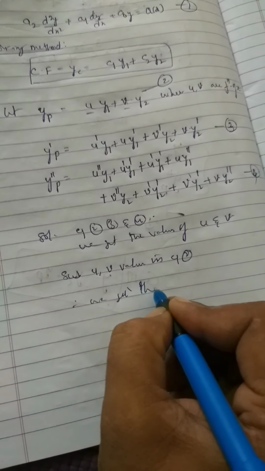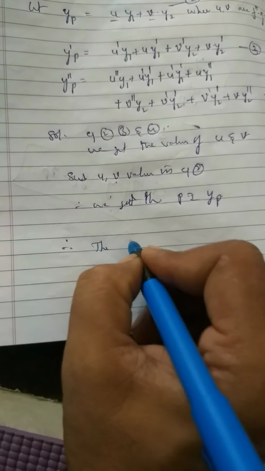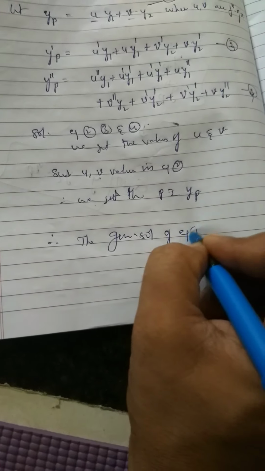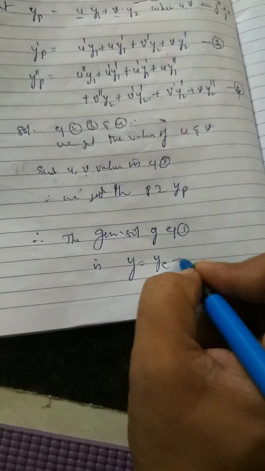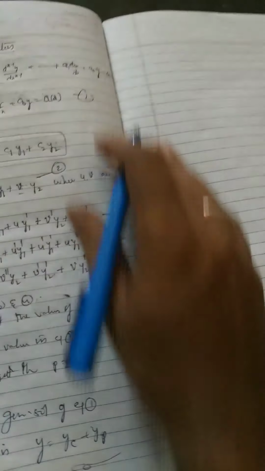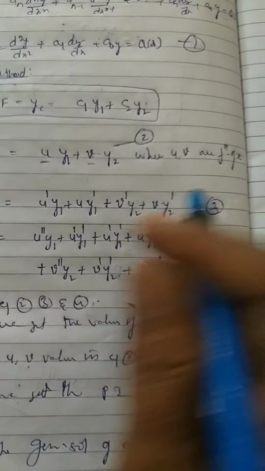We get the particular integral yp. Therefore the general solution of equation 1 is y equal to yc plus yp. This is a simple procedure. No need to be confused with this one. Simply you have to remember these formulas.